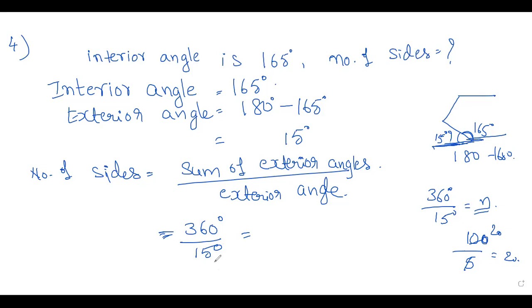So 360 by 15 degree, then number of sides is equal to 24.